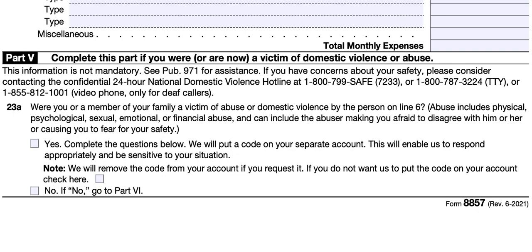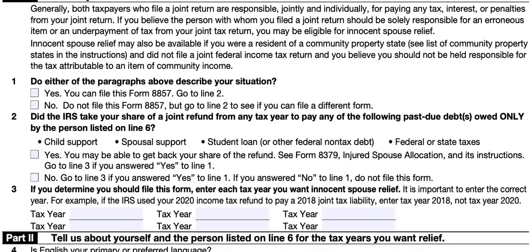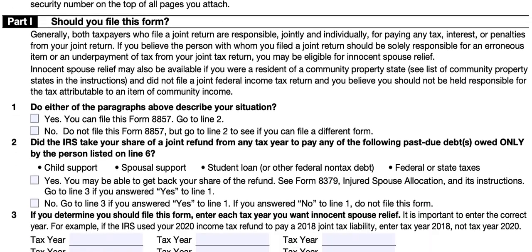So let's go back to the top of this tax form and we'll walk through it step by step. In part 1, should you file the tax form, there are a couple of requirements about whether or not a taxpayer might be considered an innocent spouse.